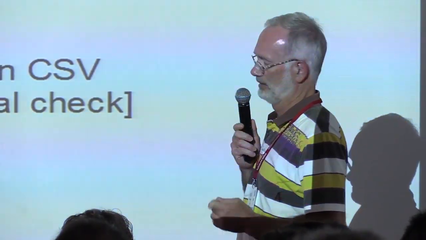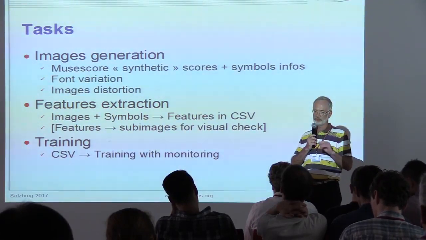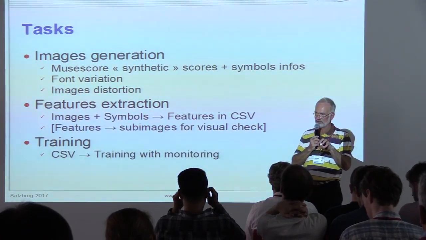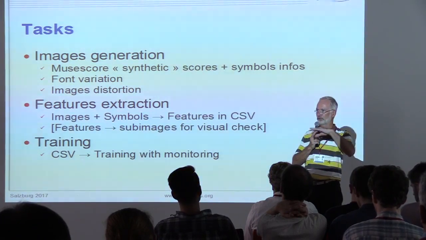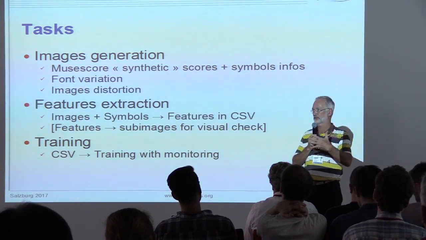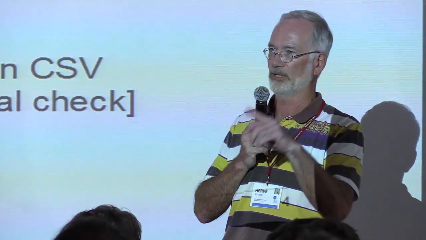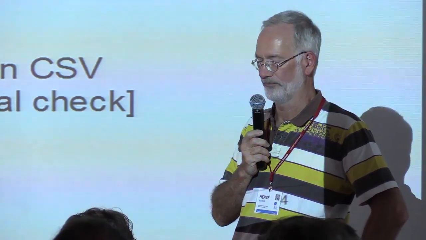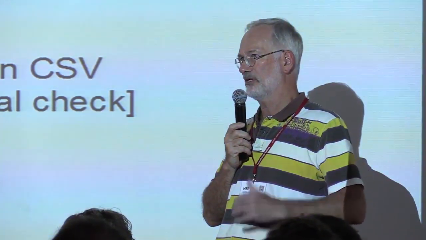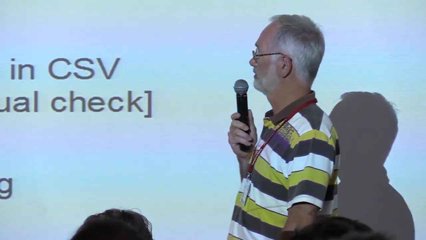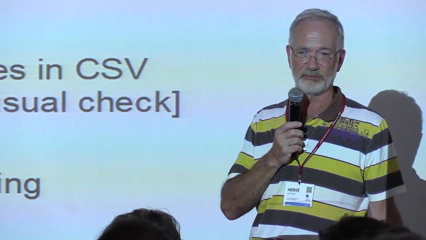We're looking for symbols, and we're interested in the symbol itself, and also what we call the context, which are the surrounding pixels. Let's say something like a rectangular area around the symbol. So we wanted to have a bunch of these examples. So the question was how to generate these ones.